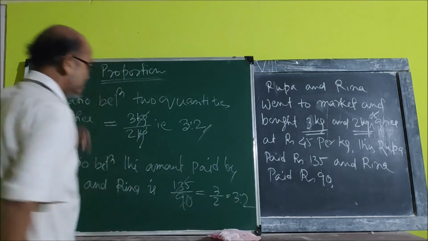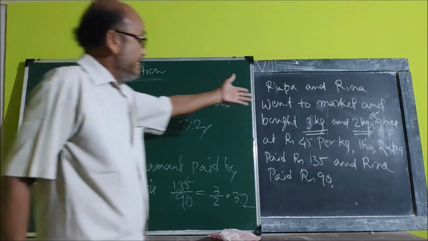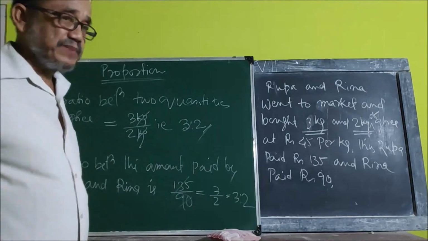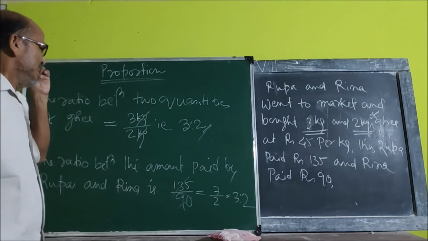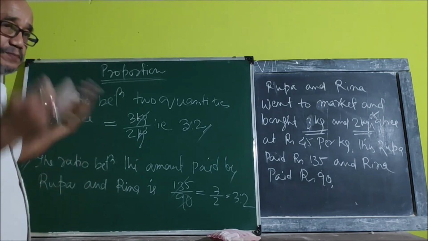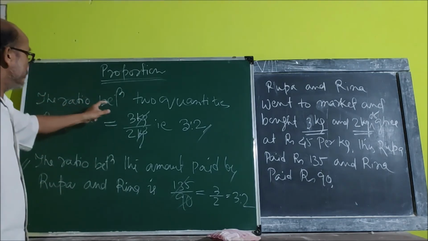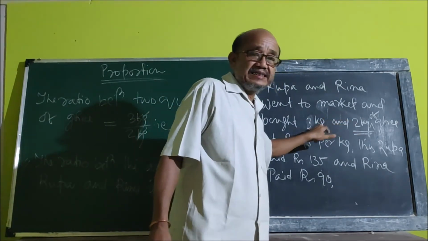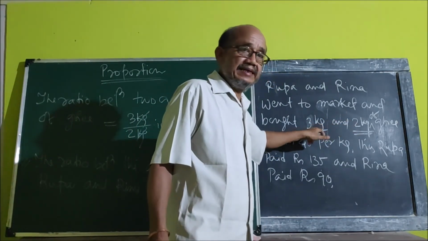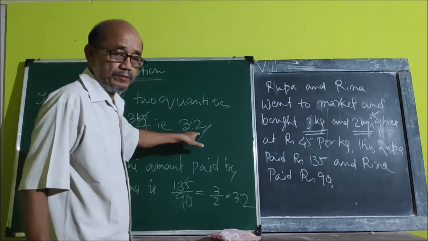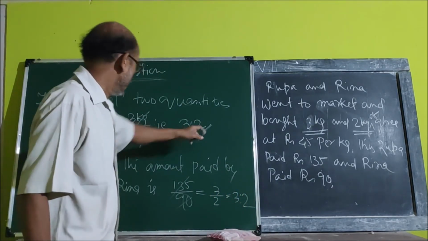Now, you see here, from the given statement, we can explain it like this. The ratio between two quantities, which are of the same kind and the same unit, will be 3 is to 2.